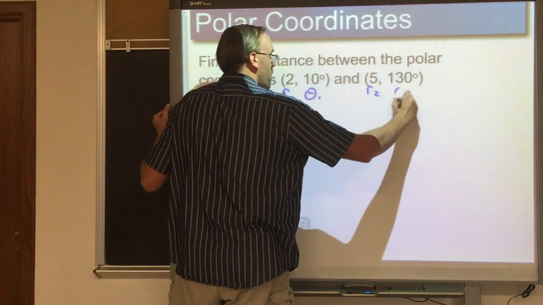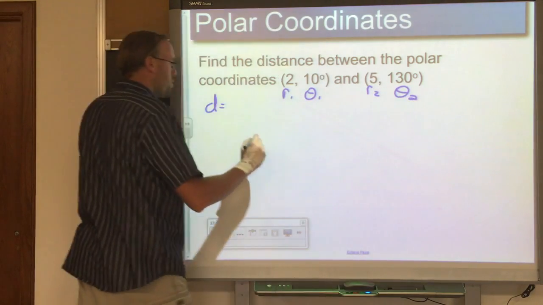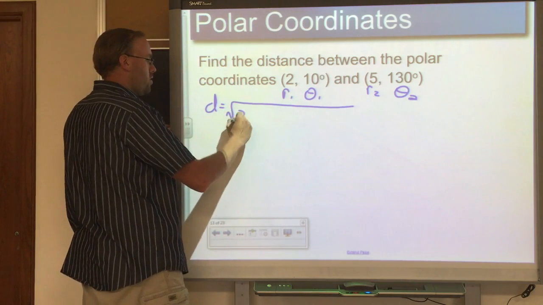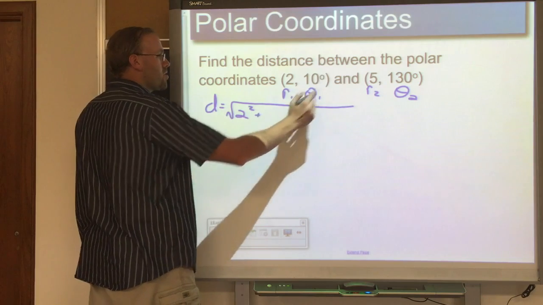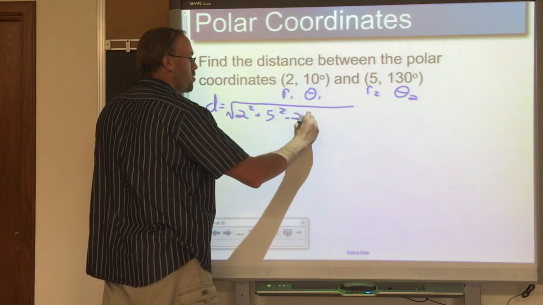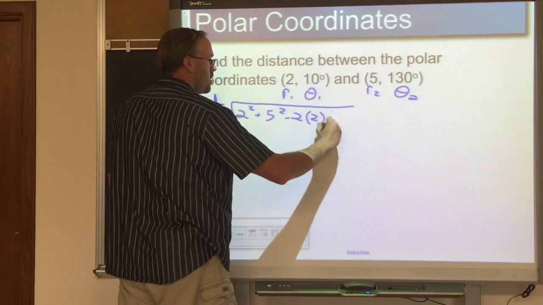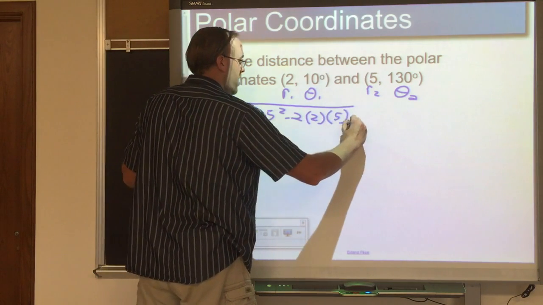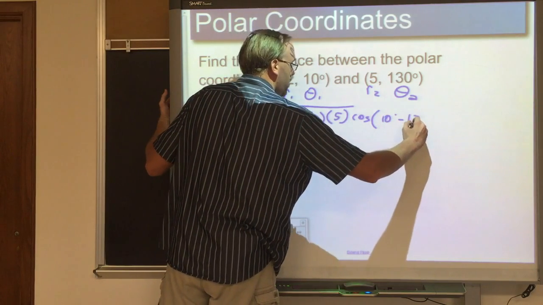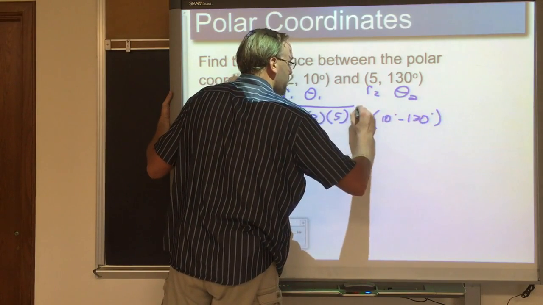This is R2 and this is theta 2. So we have the square root of R1 squared, so 2 squared, plus R2 squared, that's 5 squared, minus 2 times R1 times R2 times cosine of 10 degrees minus 130 degrees.